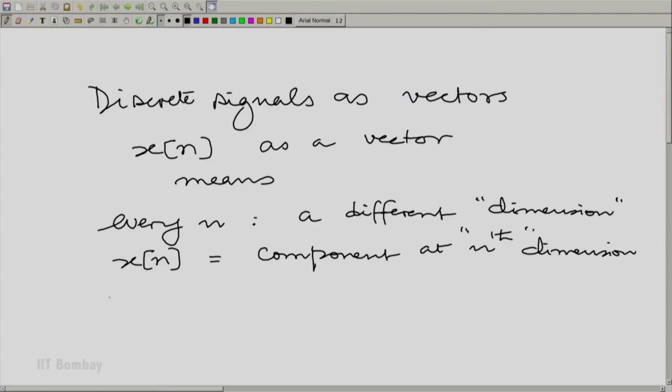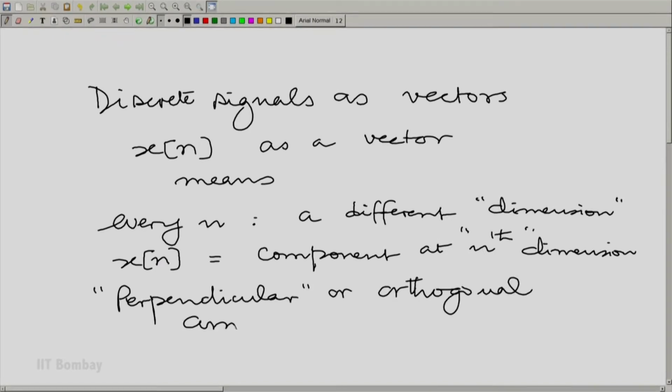Let us just verify what happens if you describe two perpendicular components here in this language. What are the perpendicular components? That is very interesting. The perpendicular or orthogonal components, as we call them, are essentially the unit discrete impulses.